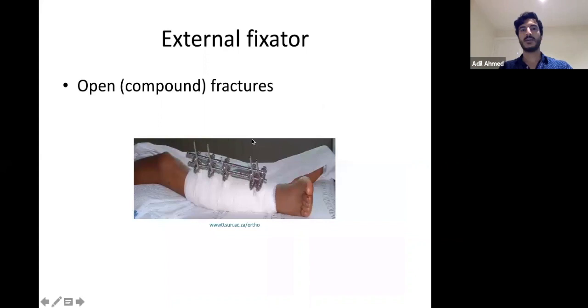Other fractures, we can put external fixators on. These can be very useful, particularly in contaminated wounds that you don't want to fix with a plate or intramedullary rod, which may become infected.